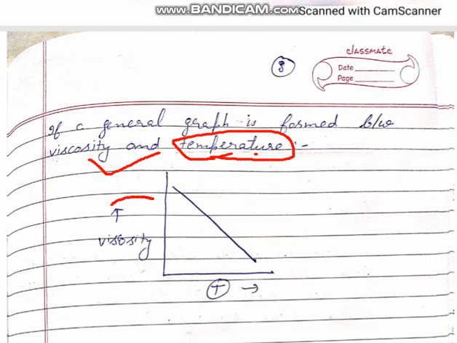If viscosity is plotted on y-axis and temperature is plotted on x-axis, then we will achieve a graph that is of descending order. It means when the temperature has been increased, then the viscosity goes on decreasing constantly. And this was the relationship between the viscosity and the temperature in general.